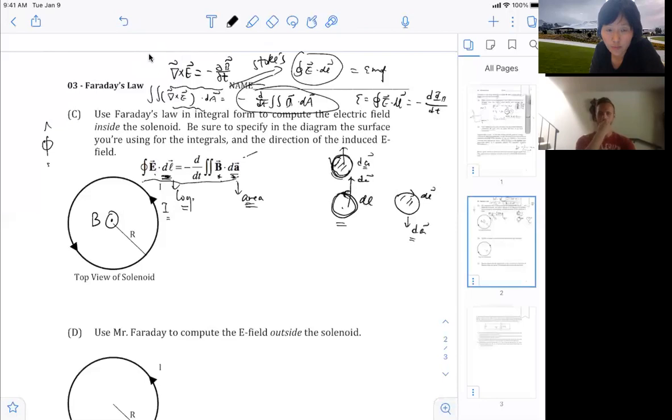When you say choose a dA such that it's in the same direction as your dL, I'm not quite sure what you mean, because they're perpendicular to one another, right? They are. My point is your dL is a loop. A loop can bound a surface. So they are related in such a way that if your loop is going counterclockwise, by convention, this loop will bound a surface that's pointing upward.